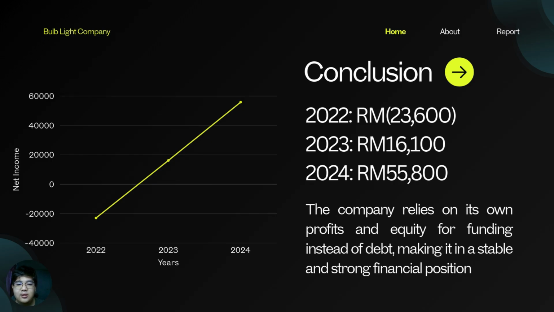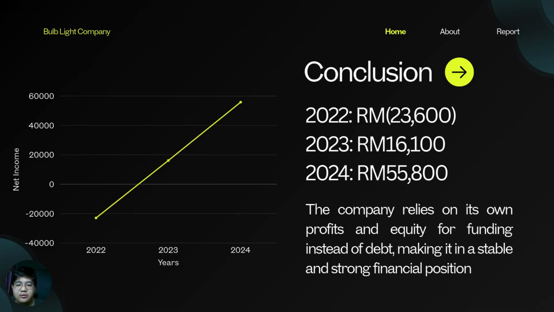In 2023, the company made a net profit of 16,100 ringgit. The profit was used to cover the losses from the previous year, so the accumulated retained earnings loss decreased from 23,600 ringgit to 7,500 ringgit.